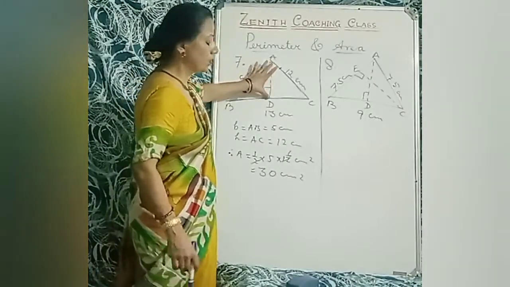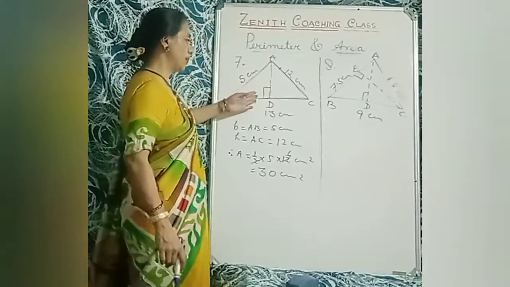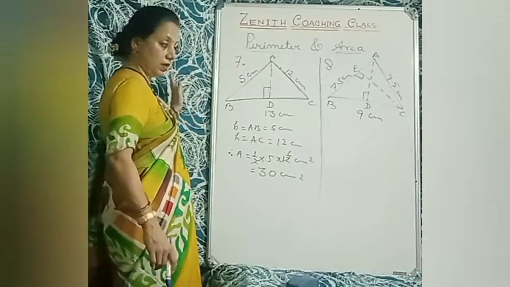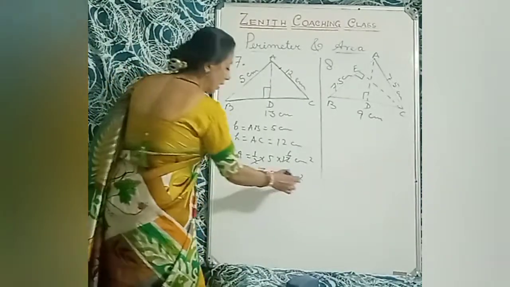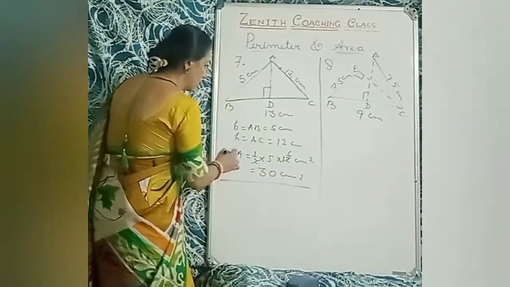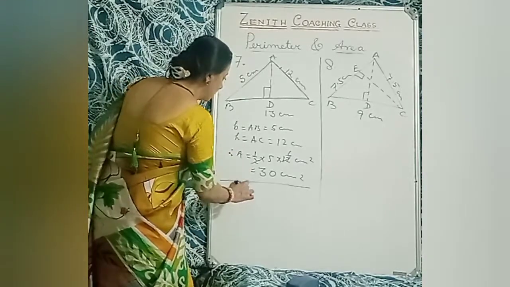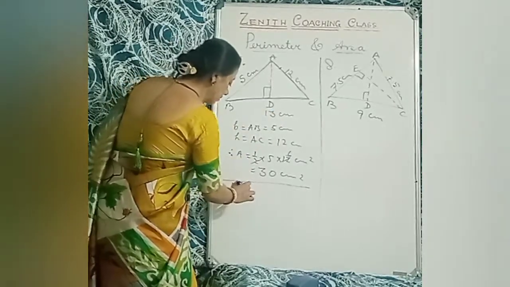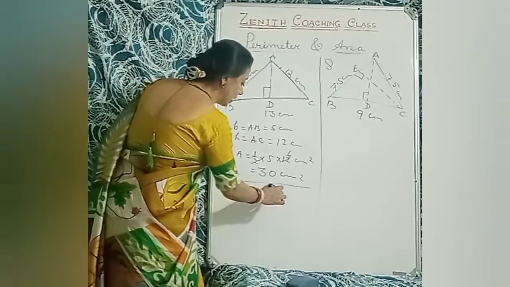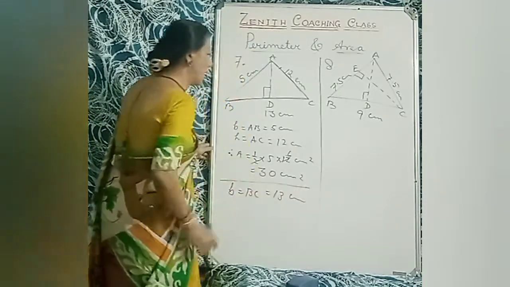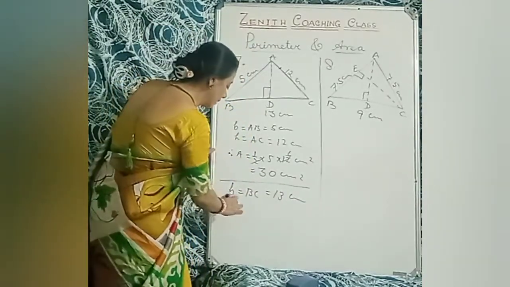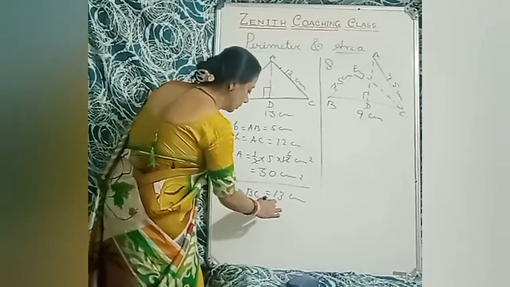It is the altitude, you don't know. So you have to find out the length of AD. So in the second part, base equals BC equals 13 centimeter. Height you don't know. Area equals 30 centimeter square.